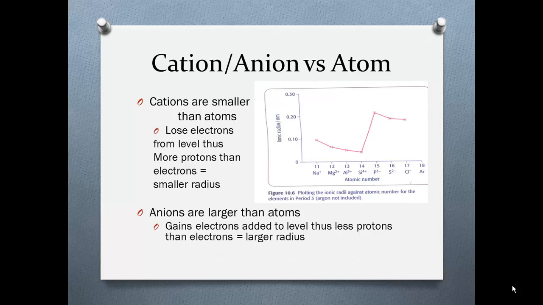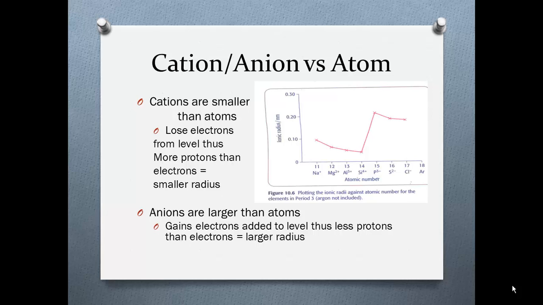Cations are smaller than the atoms themselves. That's because there are fewer electrons to be pulled in to the radius. They lose electrons from the level, so the more protons they have, the smaller the radius. Anions are larger than the original atoms, because they're gaining electrons.